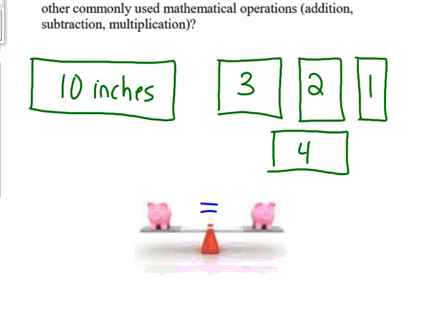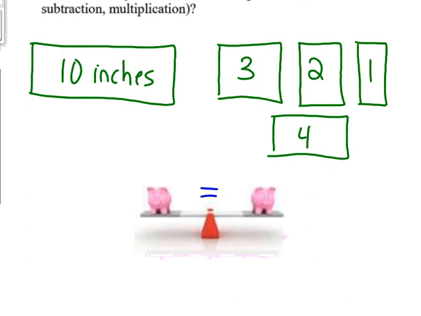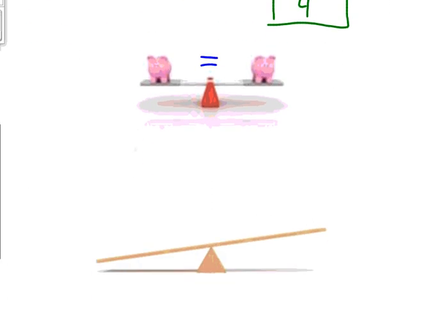Now, the mathematical expressions are going to be paired together, just like the pigs are, where when you're playing on a seesaw, you need two people. So since we have 4 mathematical expressions, we'll pair 2 together and the other 2 together. Now, the first 2 that go together are going to be addition and subtraction.